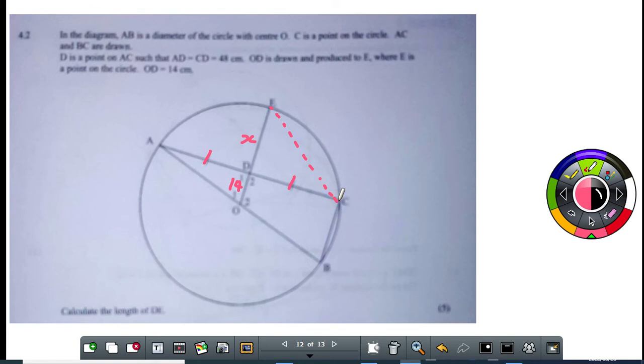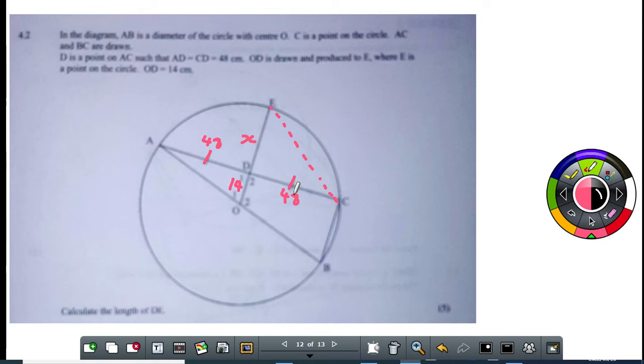Okay, if I join E to C, I can end up having a right angle triangle. But before I do anything, I want to calculate DE, remember. So DE is going to be my X there. Okay? So first thing, we are also told that AD is equal to CD, equal to 48. So it means AD is 48 and CD is 48. Okay? That's the information we have here.